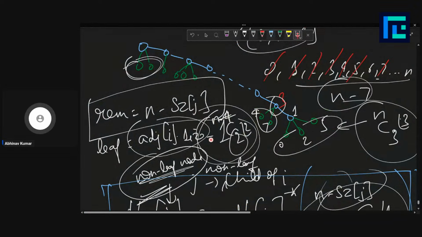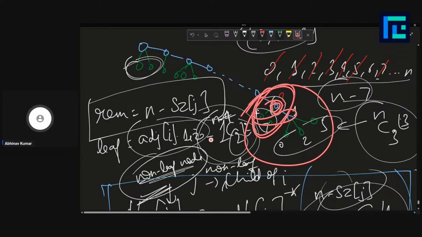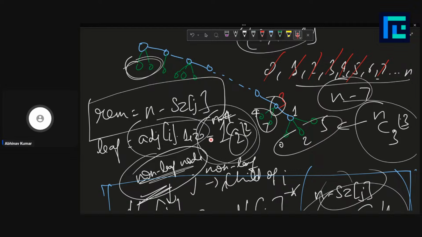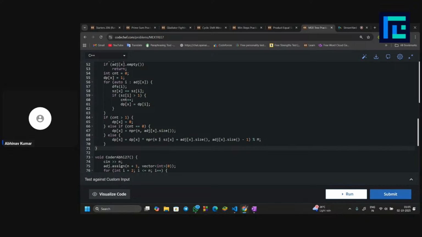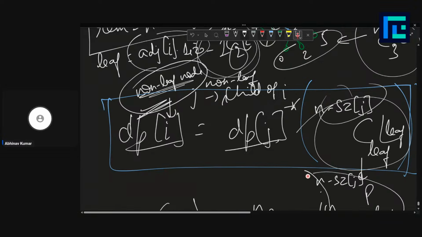So the number of leaf nodes is adjacency x minus 1 plus 1 here. So adjacency x is the number of nodes that we are subtracting from this subtree size. The number of nodes adjacent to it is the number of nodes we are subtracting to get the subtree size of the remaining node. So n minus size of x plus adjacency dot size. In this way we get, this is the same as n minus size of the child of that.